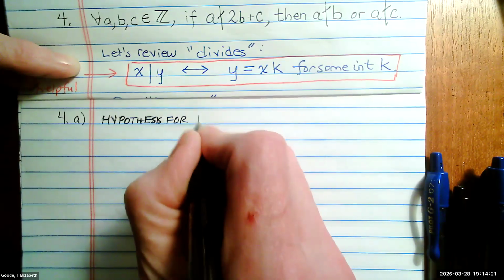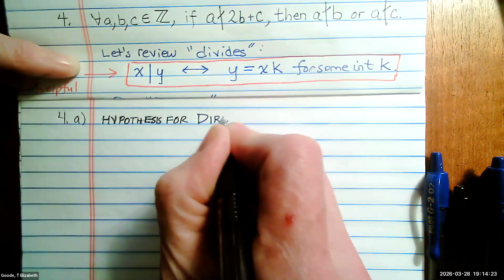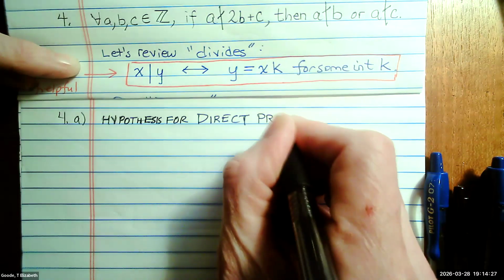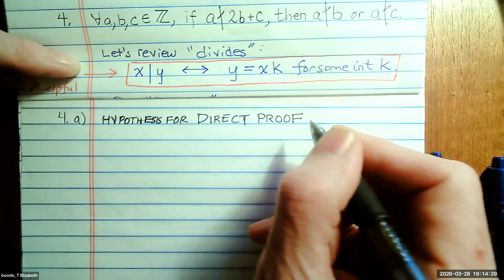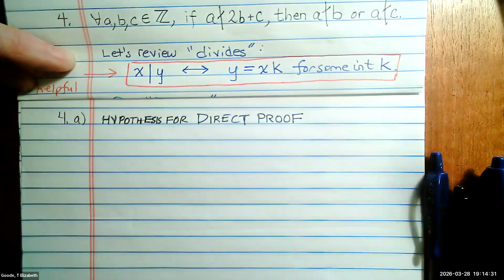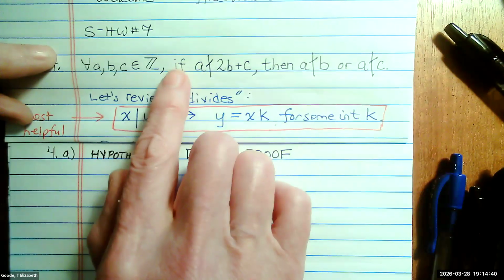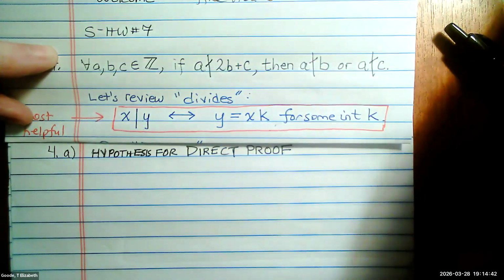Hypothesis for a direct proof. And direct proof was the proof method that we've been using until we learned proof by contrapositive on Tuesday. So let's take a look. We've got the statement already written as an if then. Do you agree?